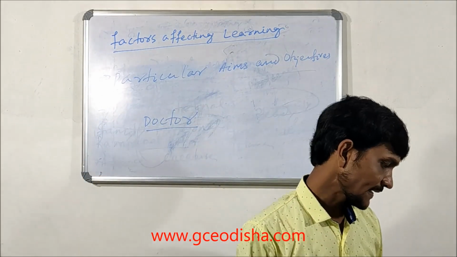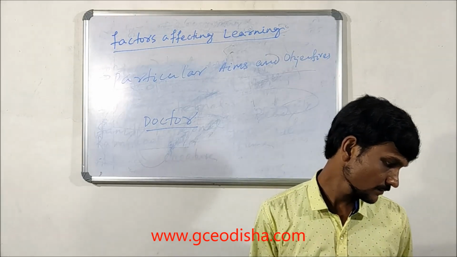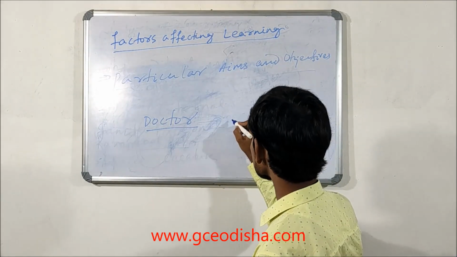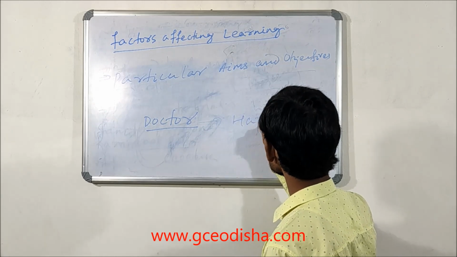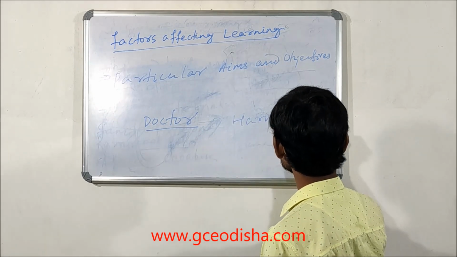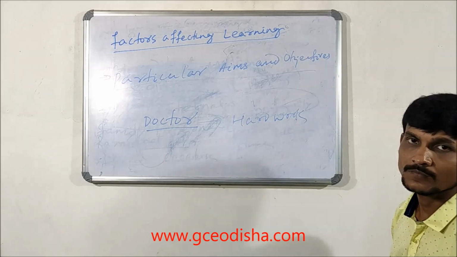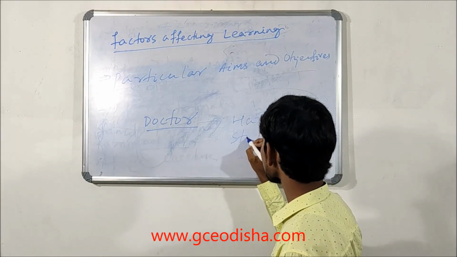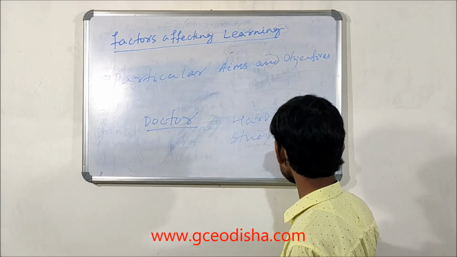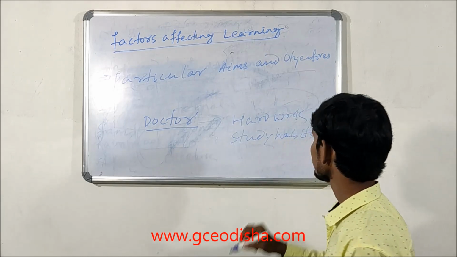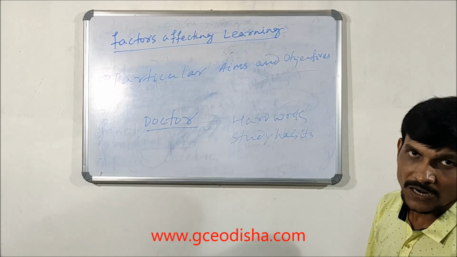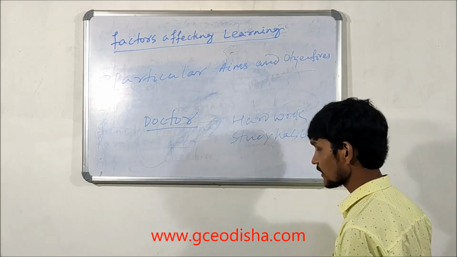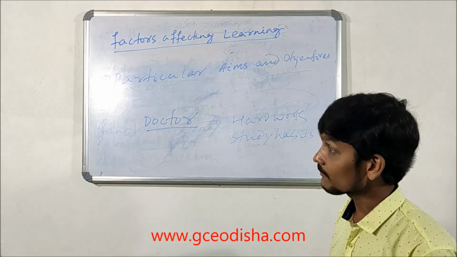That can be possible if I do hard work, if I develop study habits within me. If I do hard work, if I involve with study habits positively, then I will become a doctor.